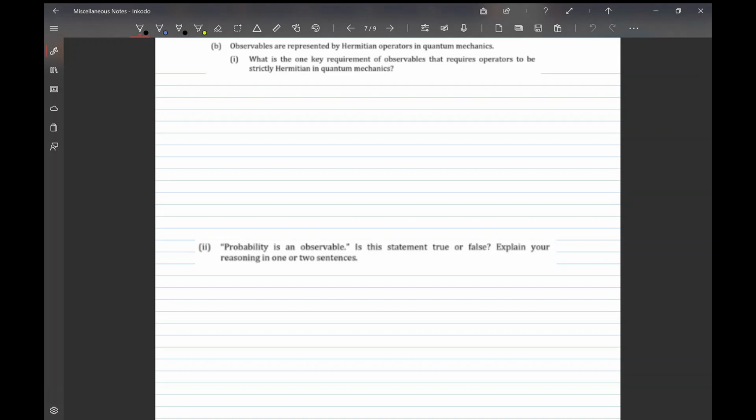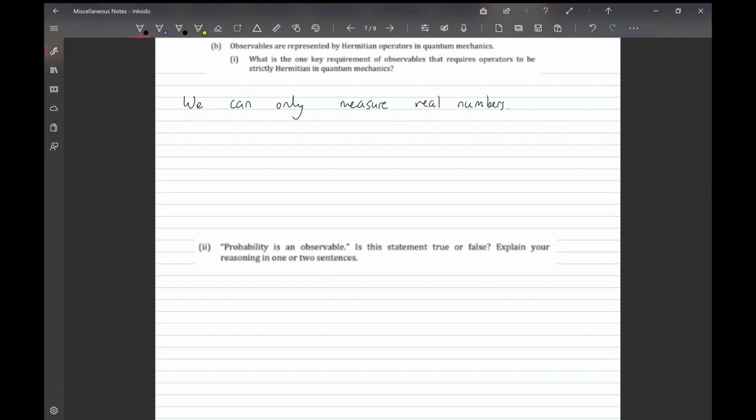So, what is the one desirable feature of observables that tells us that you should take Hermitian operators as your observables? And it's the fact that we can only measure real numbers.